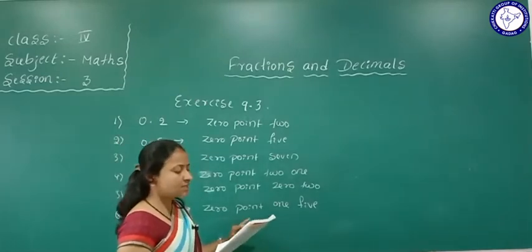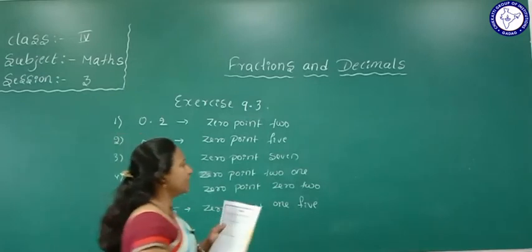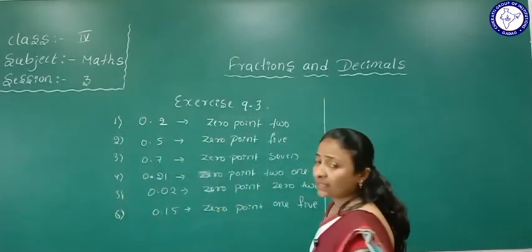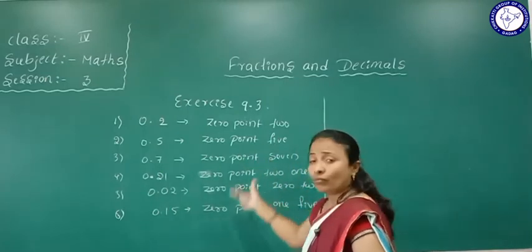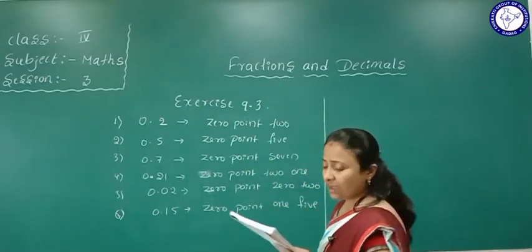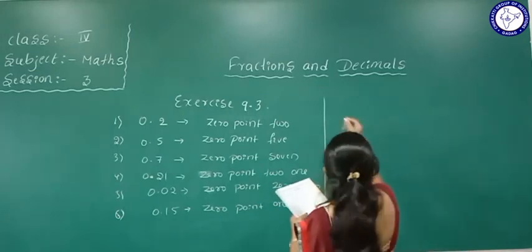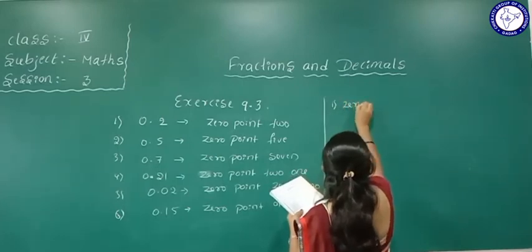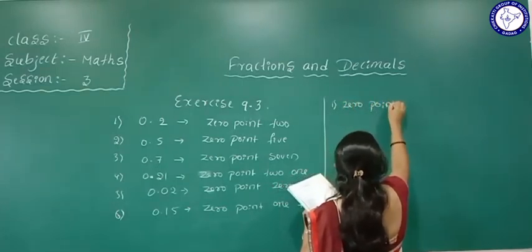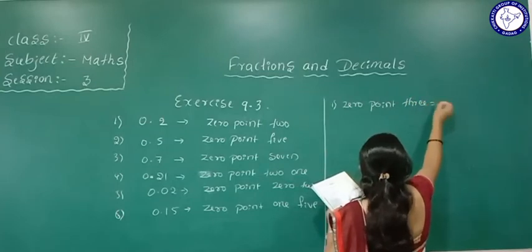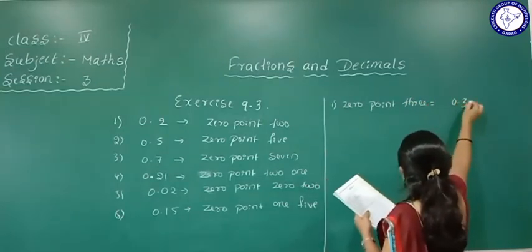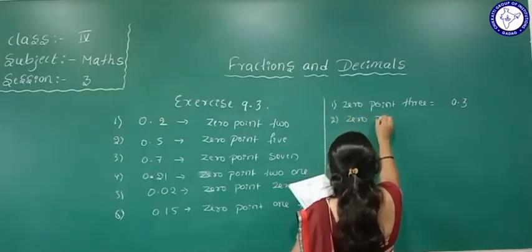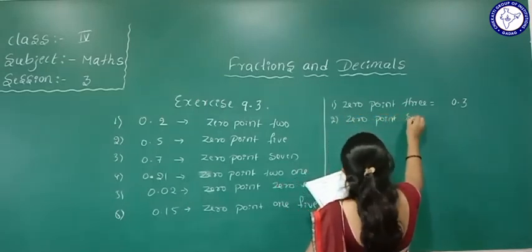Understood this one? This is the first main. Yes, second main, what have they given here? Second main, write the decimal; they have given it in word form, we will write it in numbers. Okay, so decimal form, first one 0.3. Okay, so we will write 0.3. Okay, second one 0.6.